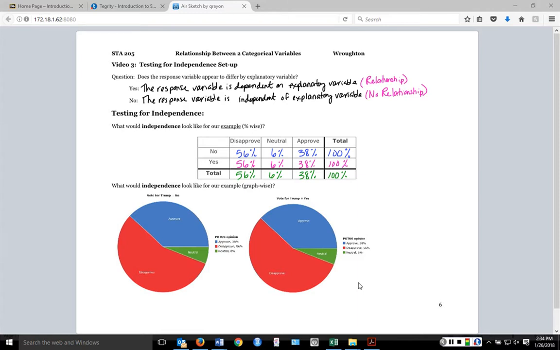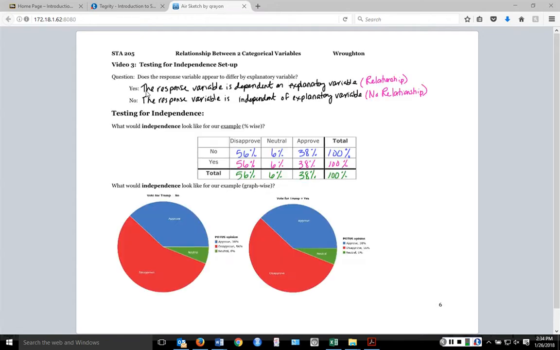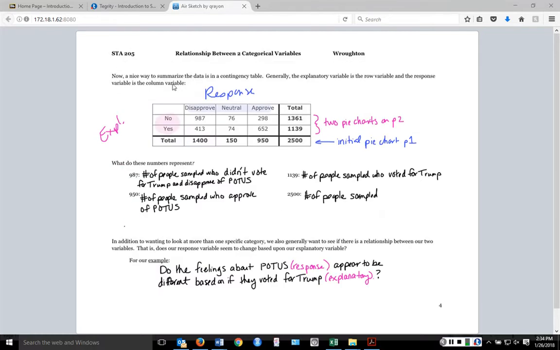So we've seen what independence looks like visually as well as percent-wise. What we're also going to look at is what our independence looks like from a count perspective. So to understand this, we're going to actually be using these two different numbers when we test for independence. The first one is the observed count, or our actual data. So those were these numbers that we got here.